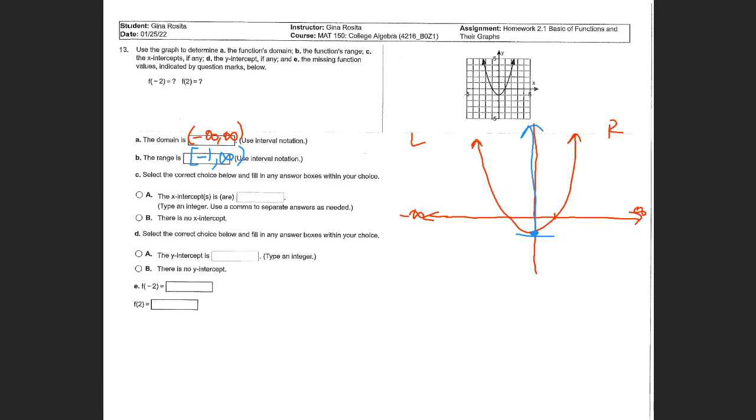Okay, so just write down negative 1 and 1 here. Yeah, now how about the y-intercept? Okay, the y-intercept is where it crosses the y-axis. The answer is negative 1.